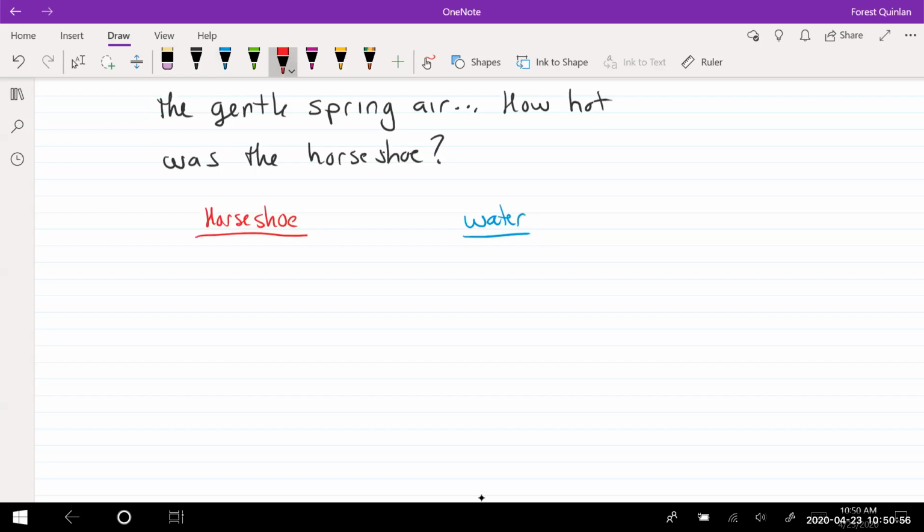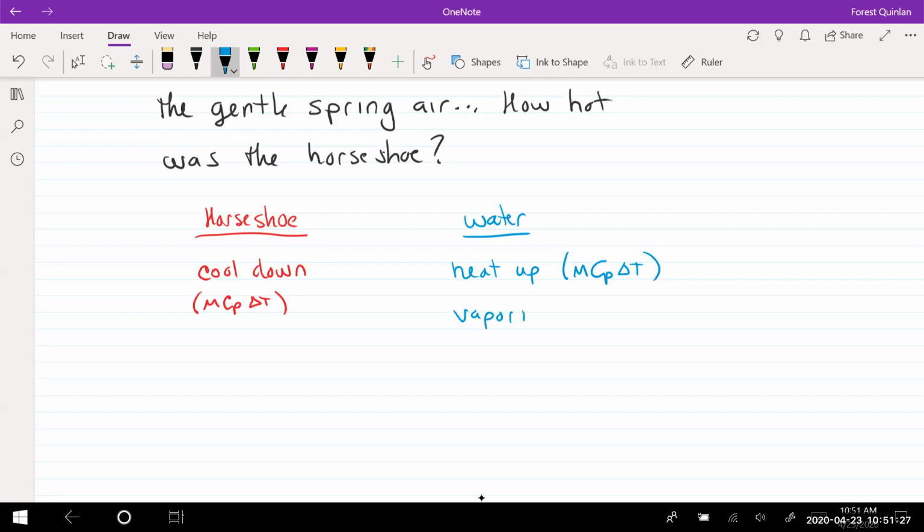All right, what is the horseshoe going to be doing? Losing energy. Right, it's going to cool down. And that is an MCP delta T. Okay, what's the water going to do? Gain energy and also lose mass. Right. So it's going to heat up, and that's an MCP delta T, and it's going to vaporize, right?